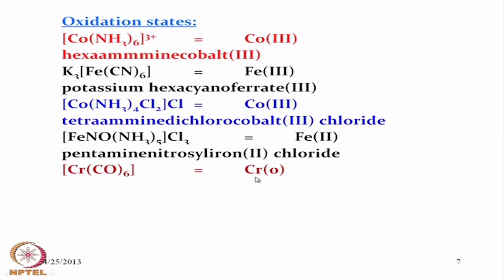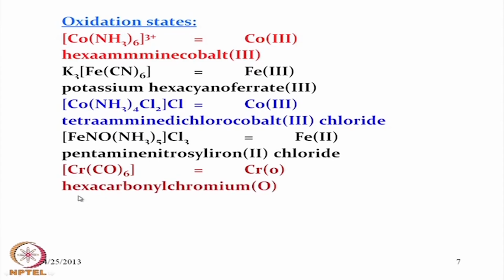Not only this mononuclear species, there are a large number of multinuclear species also present, and those multinuclear species can have several types of these carbon monoxide ligands. So, in one case we can have this carbon monoxide where all the 6 CO molecules are binding to the chromium center in monodentate fashion. In some other case we can have the bridging carbon monoxide, and some spectroscopic techniques are also available which can identify the nature of the carbon monoxide not only in the mononuclear species, but also in some polynuclear or carbonyl cluster molecules.